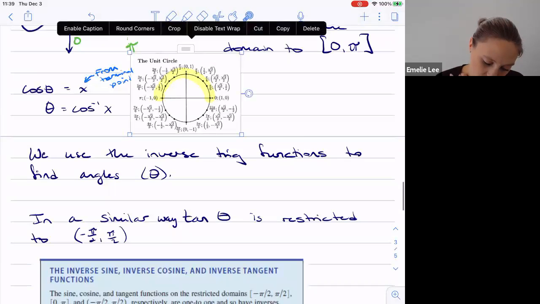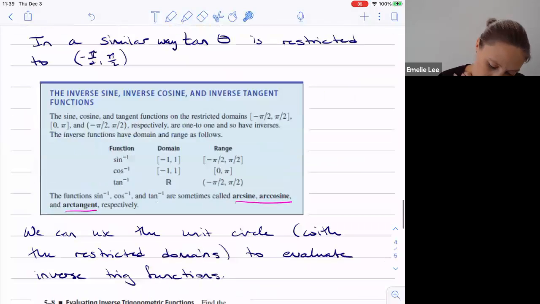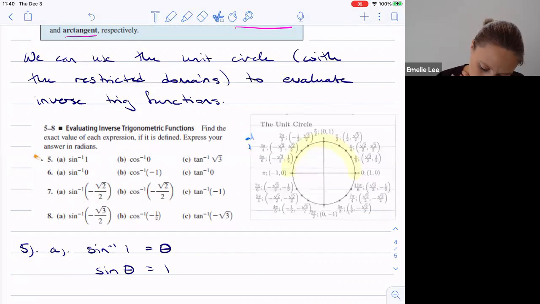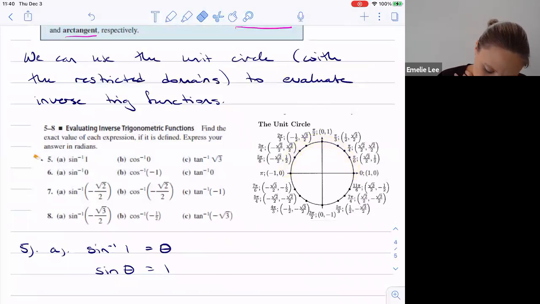In the restricted domain. So I'm going to copy this here so I have it. Okay. So remember, for sine, I'm restricted to this half of the circle. And so now I'm looking for a y value of 1, right? That only happens once here at pi over 2, which tells me that theta must be pi over 2.